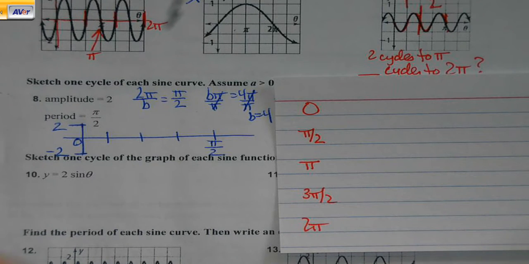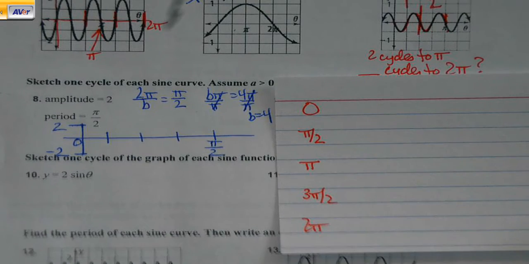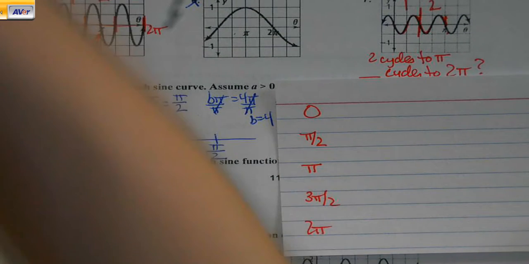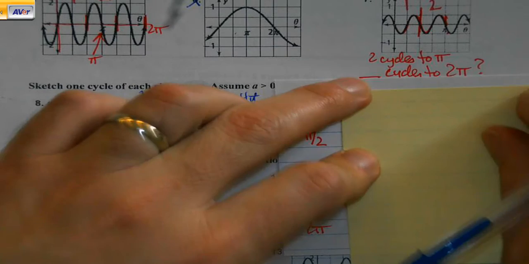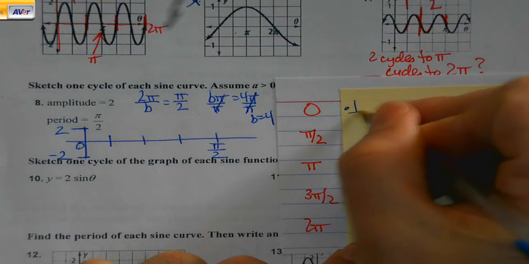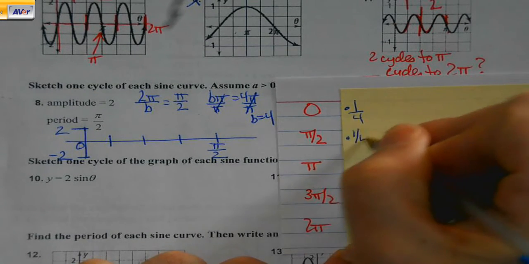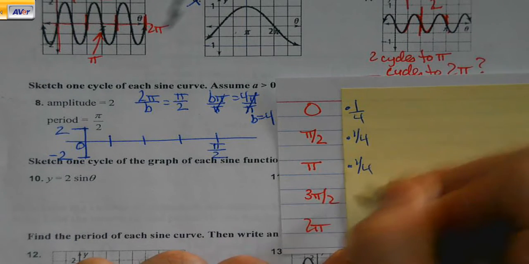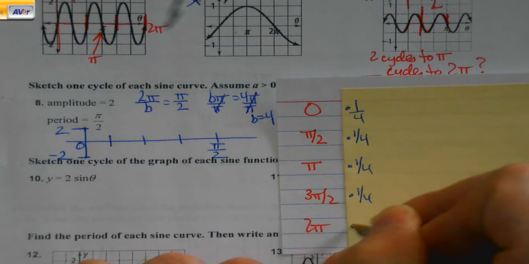So what I'm going to do here, and I'm going to use a sticky note so I can use this little cheat sheet of mine over a time or two, is I'm going to multiply each of my base parts by 1/4.